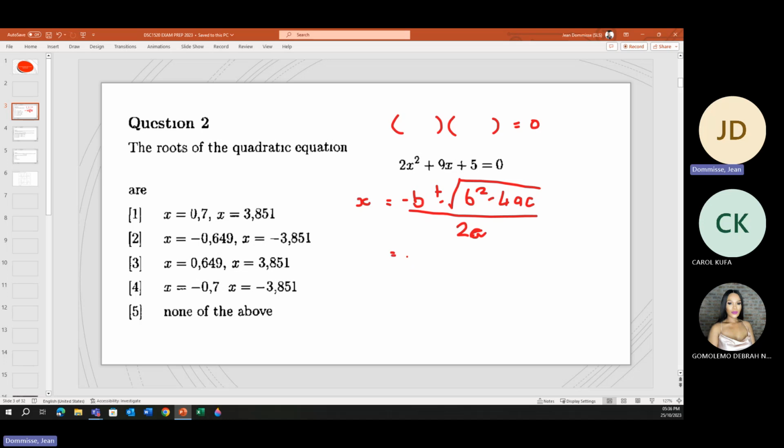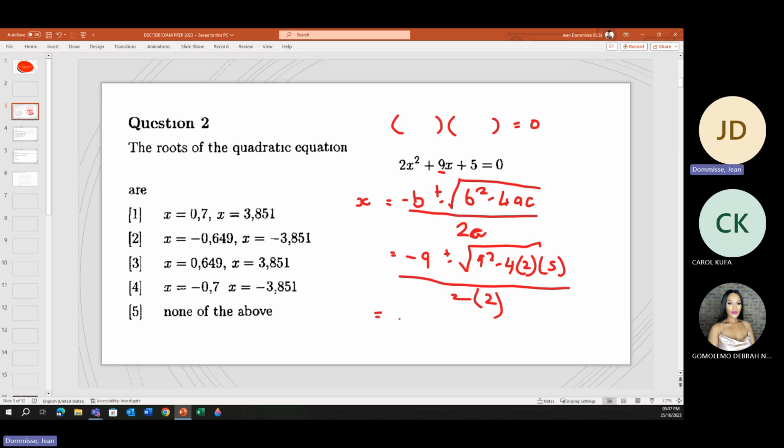It's minus 9 plus minus the square root of b squared, so 9 squared, minus 4 times a, which is 2, times c, which is 5, and that I will divide by 2a, which is 2 times 2.